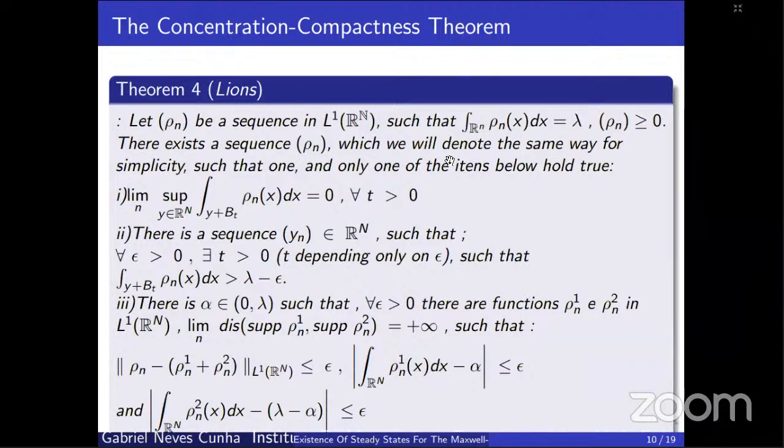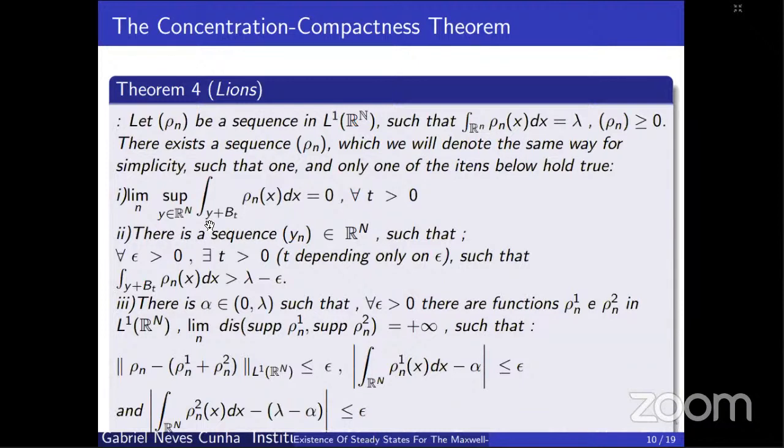So if we have a sequence like this, up to a subsequence, one of these three options holds, and only one. This first option involves the ball centered at y, with radius t.